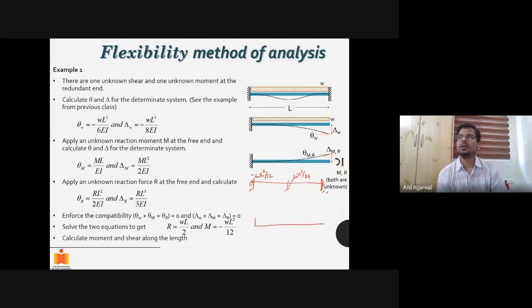enough ductility that it will deform but will not lose its capacity to resist WL square by 16. So that means if a hinge is forming at this point and the moment versus rotation behavior is of this kind, wherein it reaches WL square by 16, and at around that point it yields, but then it continues to resist that load for a very large rotation instead of dipping immediately.